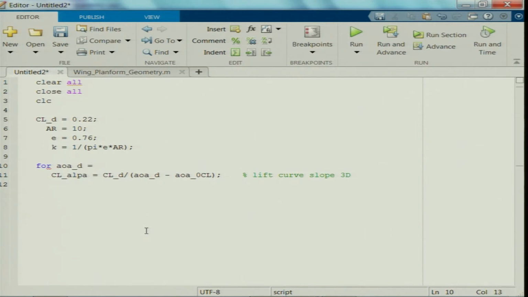If it varies from say 1 degree, times pi by 180, so varies from 1 degree with an increment of 0.5 degree, times pi by 180, up to 5 degrees, let us say.